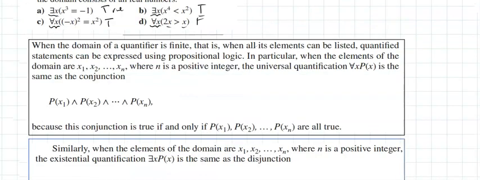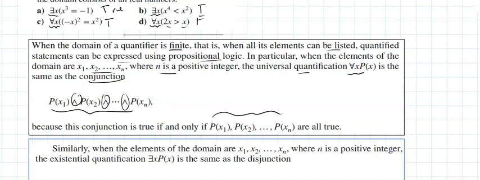Okay, when the domain of a quantifier is finite, that is, when all its elements can be listed, quantified statements can be expressed using propositional logic, in particular when the elements of the domain are x1 through x sub n, where n is a positive integer. The universal quantification, for all, can be listed simply with a conjunct, because this conjunct is true if and only if all of these are true.